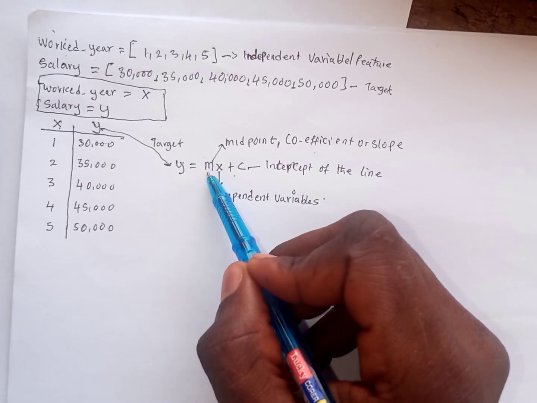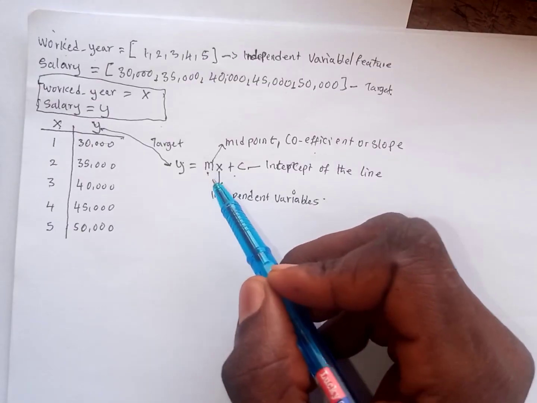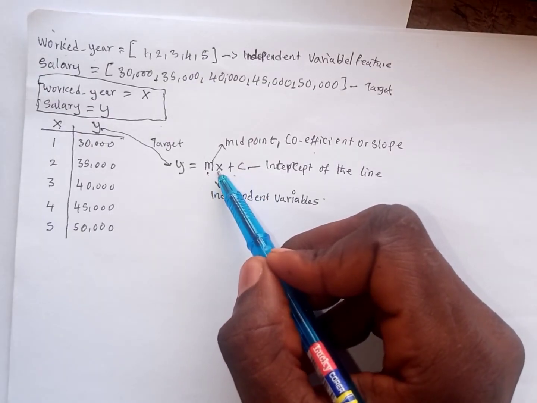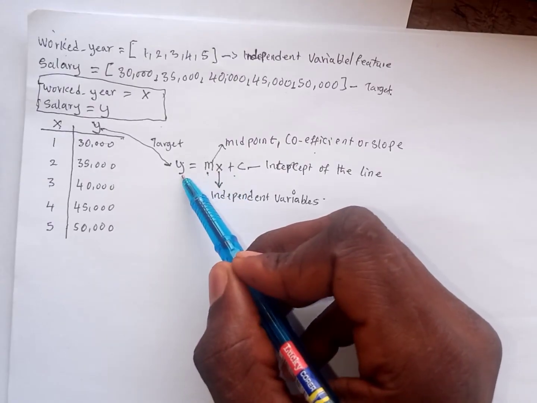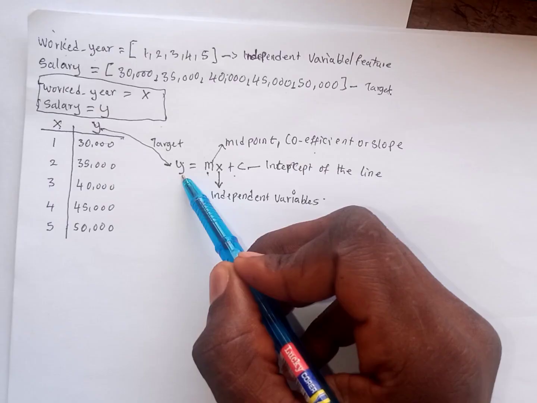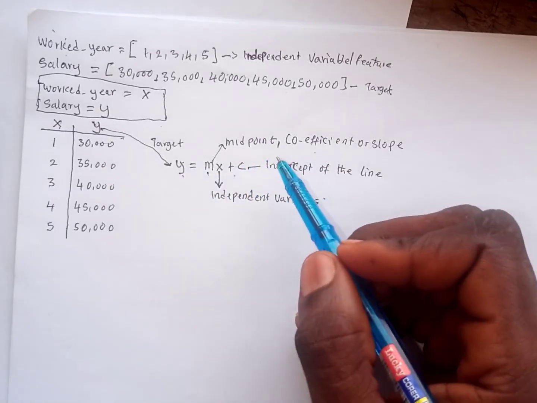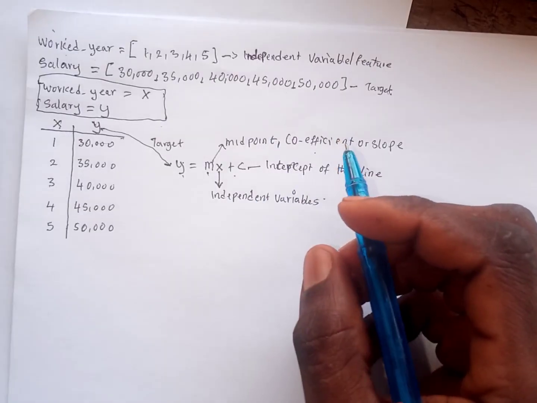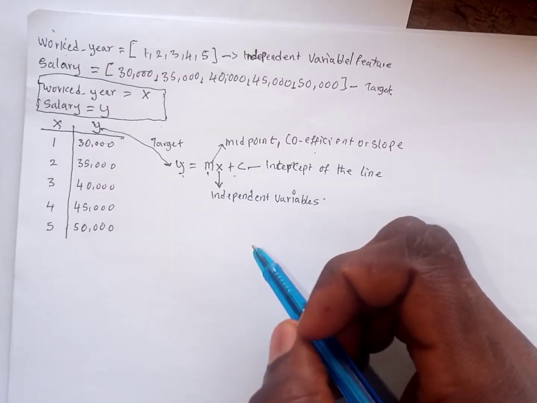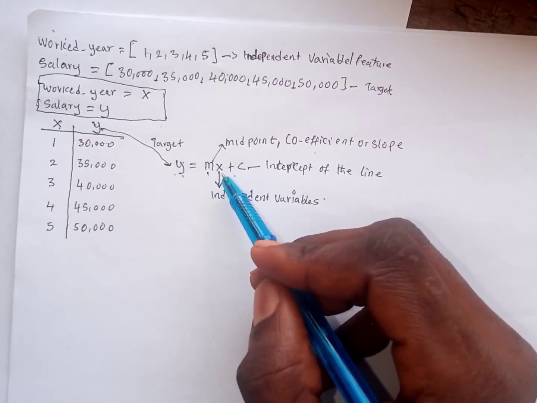It tells us how the change in x determines how y changes. While c just tells us the value of y when x is equal to 0. So this is more like the initial value of y when x is equal to 0.